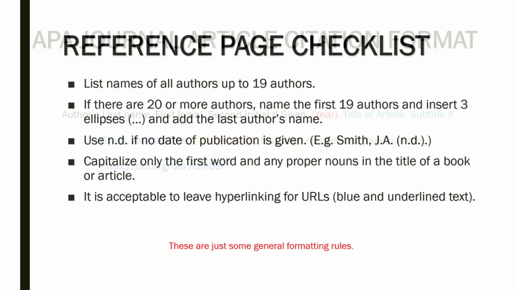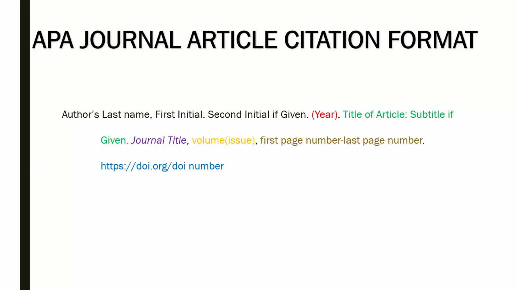Let's go over the elements you need to create a citation for a journal article in APA style. The first thing you'll need is the author's name, followed then by the year of publication, then followed by the title of the article or source, then followed by the journal, where the article was published, then followed by the volume and issue number for the journal.